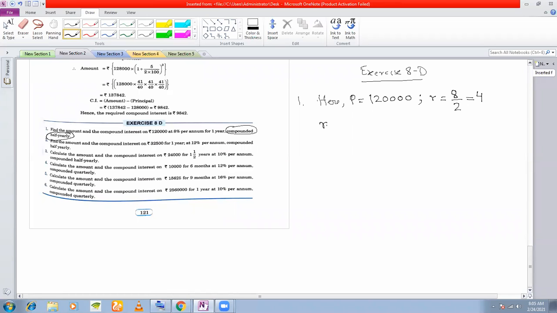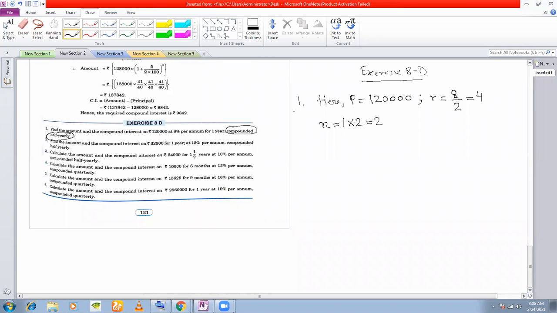And the time here, N, is given to be 1 year. But since you are dividing the year into two equal parts, the time here must be multiplied by 2. So remember, the time will be multiplied by 2 and the rate will be divided by 2.